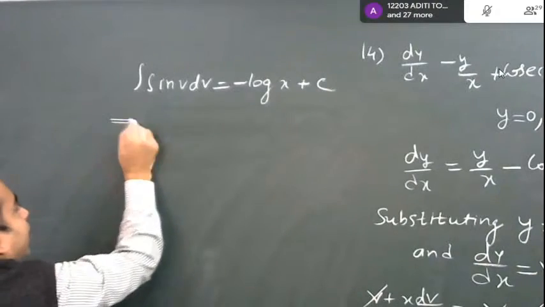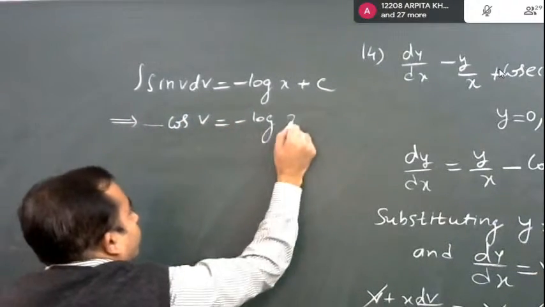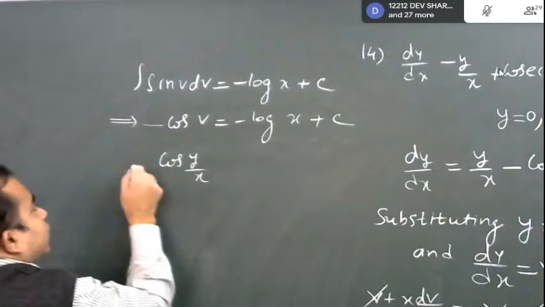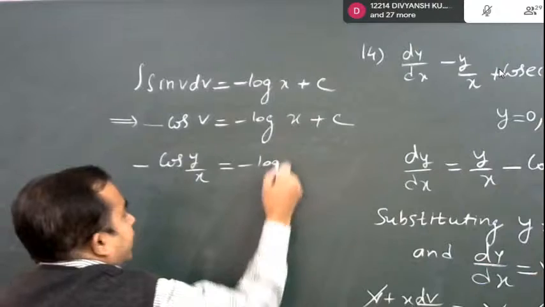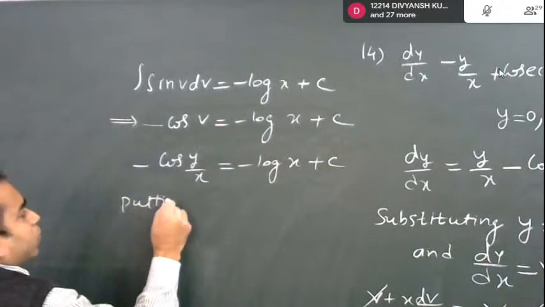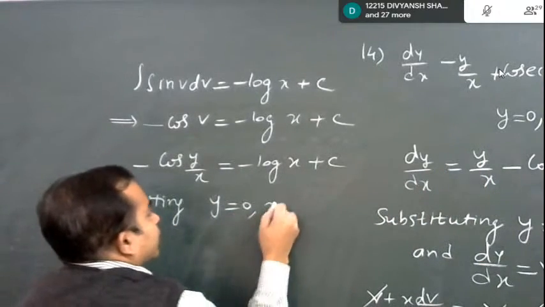Sin v integral is minus cos v. V value is y upon x. The general solution is ready. Now get the value of c. Putting the values of x and y which are given in the question, let us substitute. y equals 0, x equals 1.